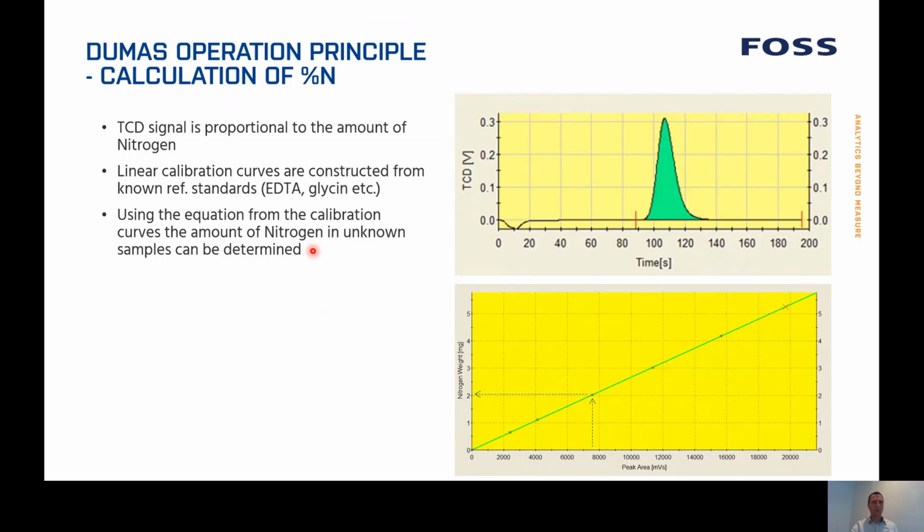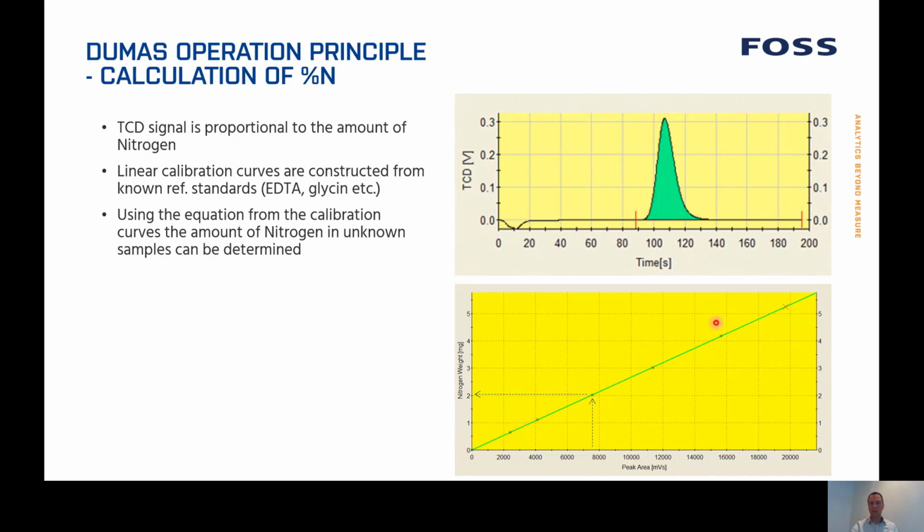So the principle is that the TCD signal here will increase on the basis of the amount of nitrogen reaching the detector, and on the basis of this you can create a calibration curve where you know the amount of nitrogen introduced into the system.